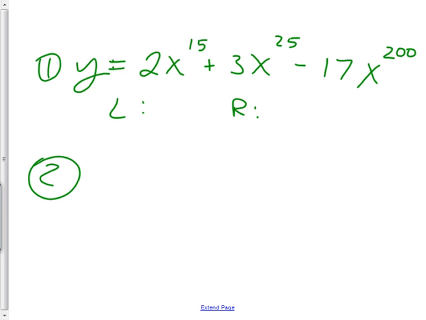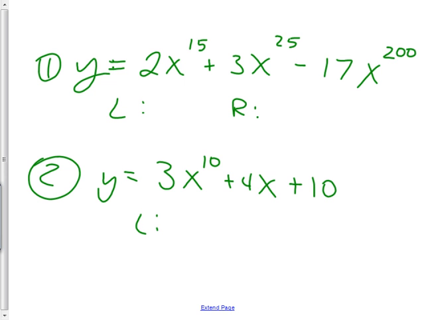Number 2, I'll give you a simpler one. For those of you that can't handle that first one. What's the left side doing? What's the right side doing?